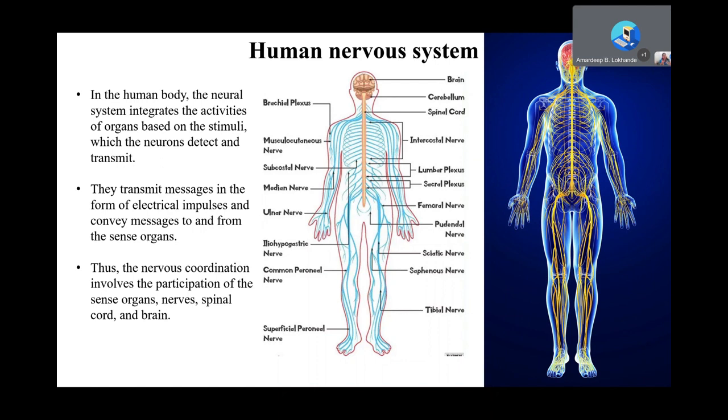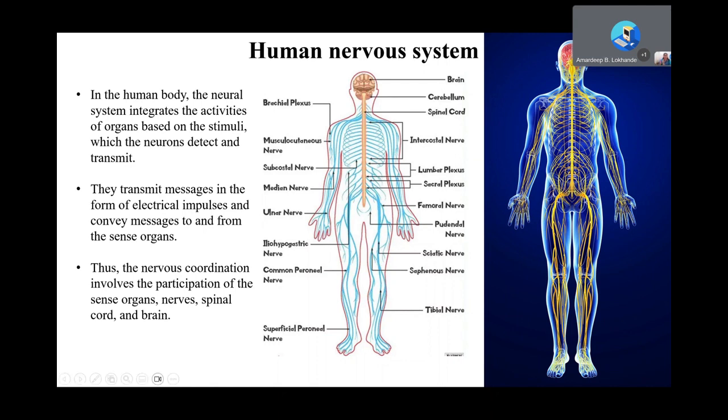All those nerves are interconnected, and they are also connected to the central nervous system. They are there to receive a stimulus, transmit the information, and get information back so that an appropriate response can be given. These messages are transmitted in the form of electrical impulses, carrying the messages to and fro from the sense organs.